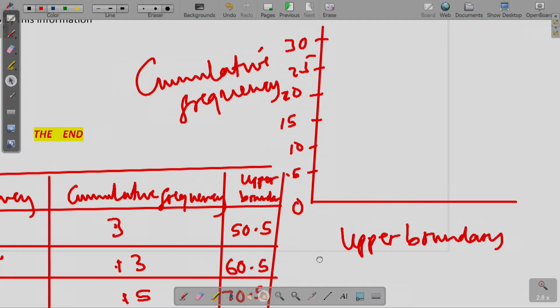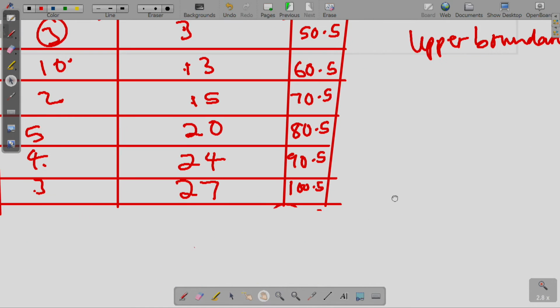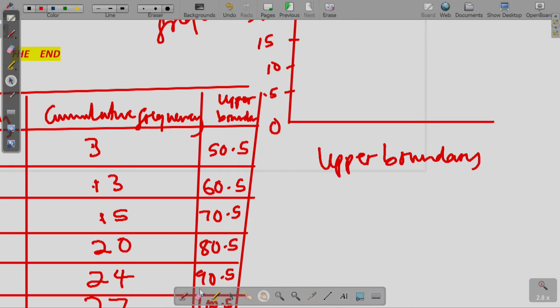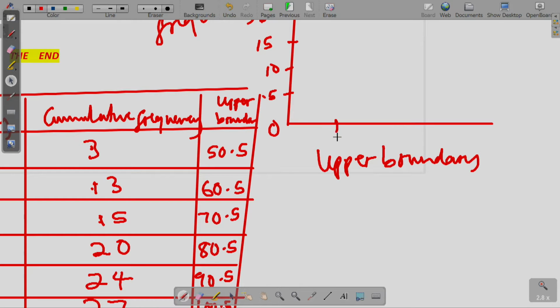And for upper boundary, we have 50.5 up to 100.5. Let's see, here 50.5, 60.5, 70.5, 80.5, 90.5, and here 100.5.